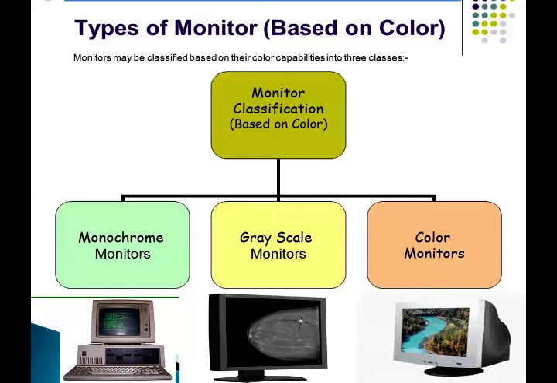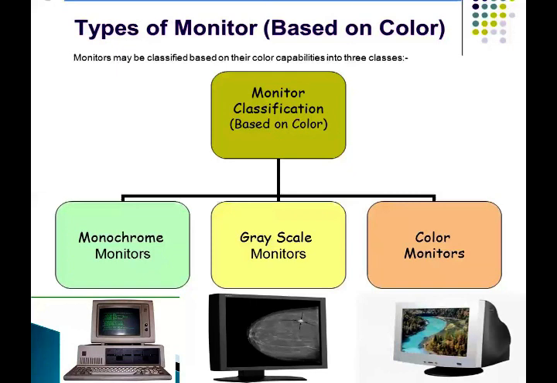A color monitor can display anywhere from 16 to over 1 billion different colors. Monitors are sometimes called RGB monitors because they accept three separate signals: red, green and blue.